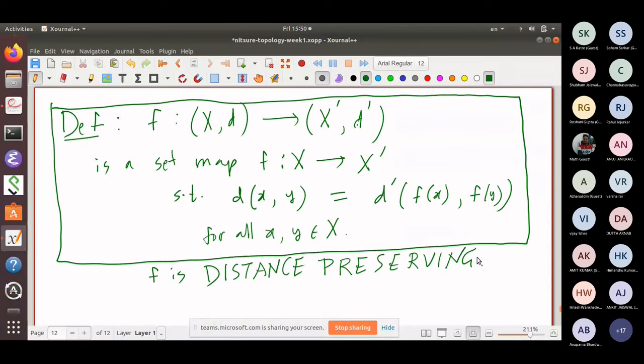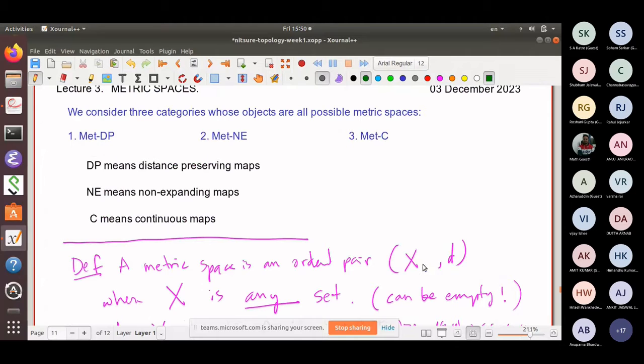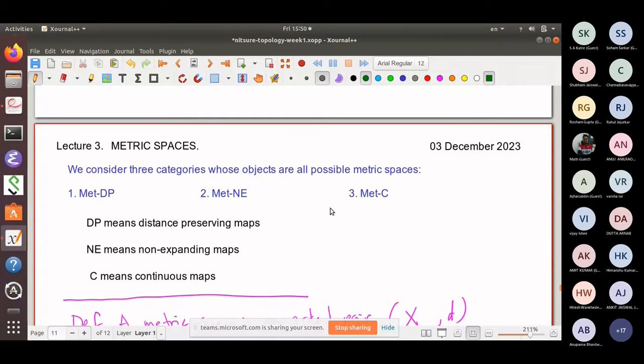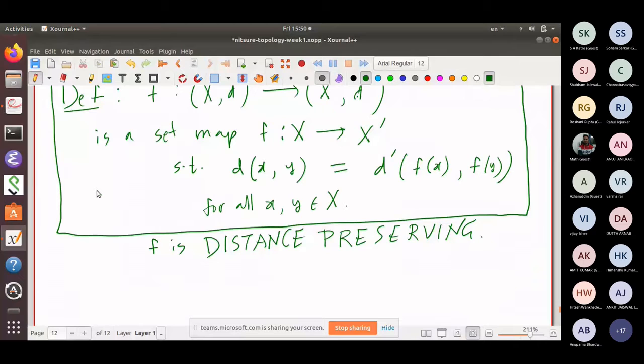Okay, so let's go back here. I said we'll make three categories whose objects are all metric spaces. The first category is metric spaces with distance preserving arrows, distance preserving maps. So this is going to form a category.